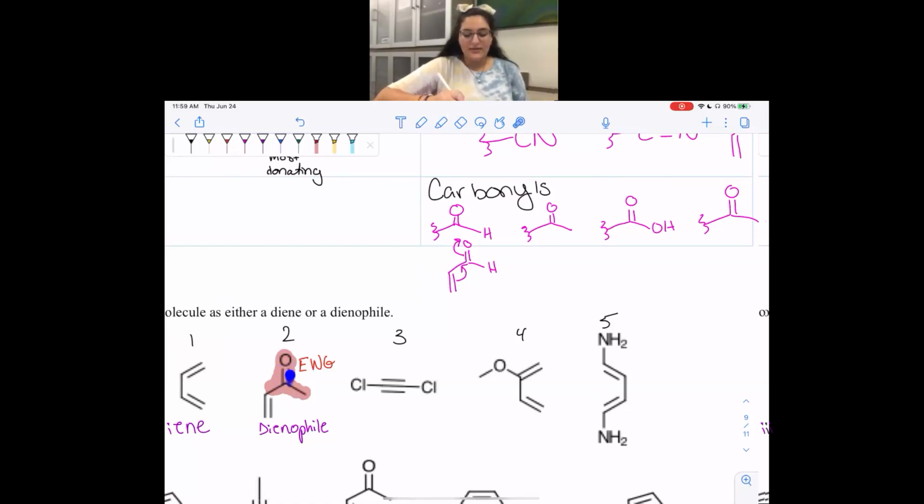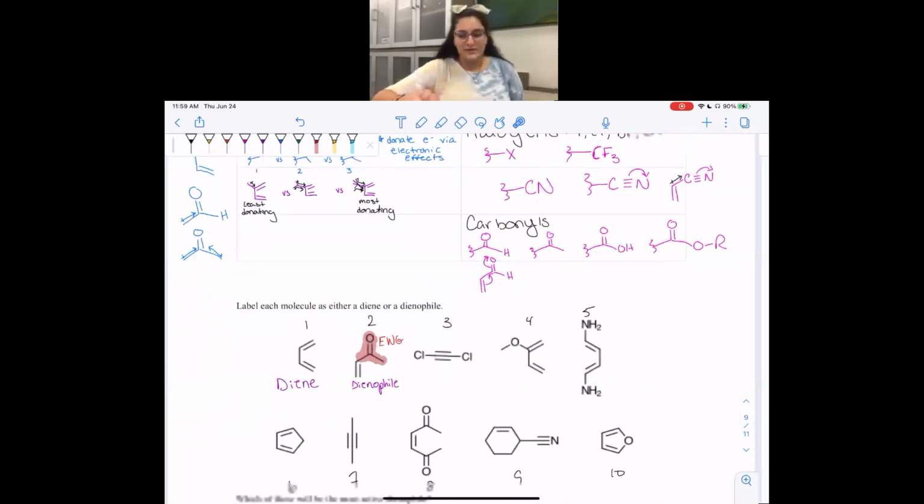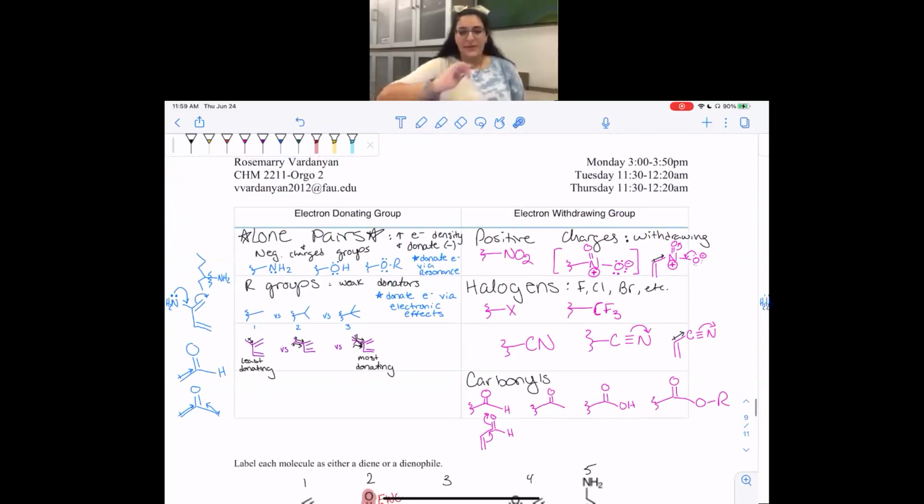But as soon as you put this double bond here, that's when it becomes withdrawing. And someone asked me to zoom out, so yes, I can do that. Carbonyls are always going to pull the electrons towards the oxygen. The lone pairs are going to give the electrons into the system. So that's the differentiating factor.